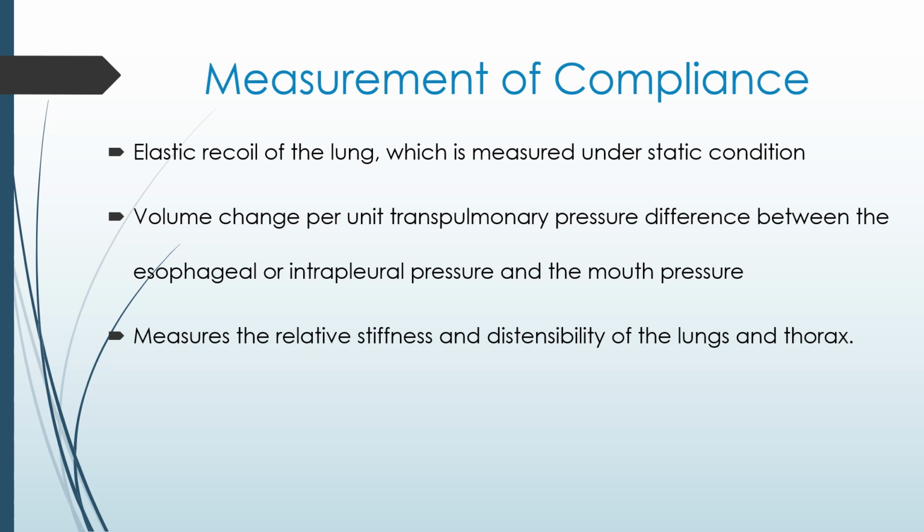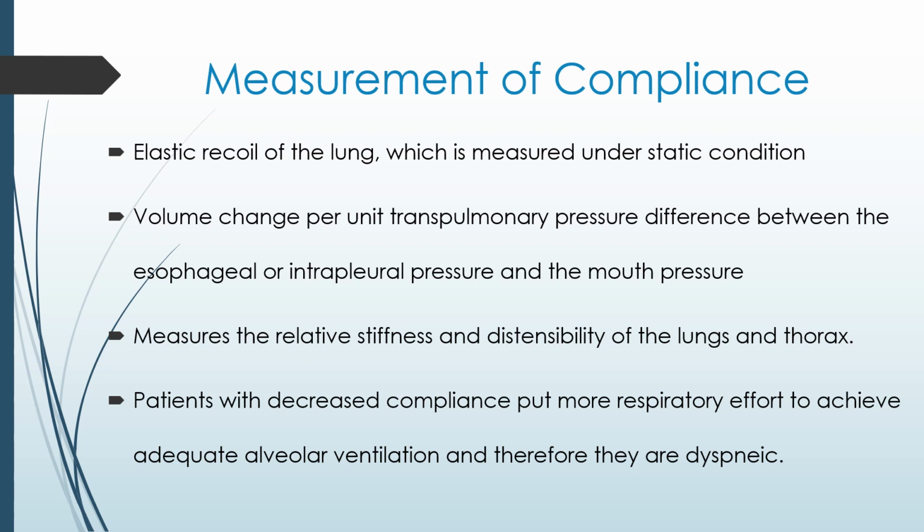If the volume change per unit pressure change is higher than normal, the tissues are more distensible, and if it is less than normal, the tissues are stiffer. Patients with decreased compliance put in more respiratory effort to achieve adequate alveolar ventilation, and therefore they are dyspneic. That is the reason they are dyspneic.